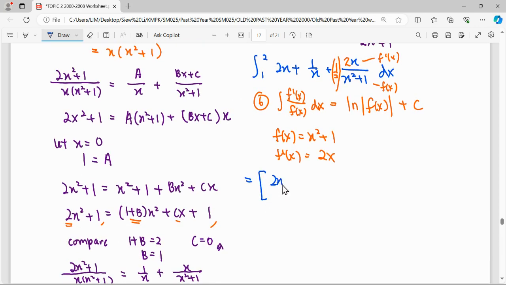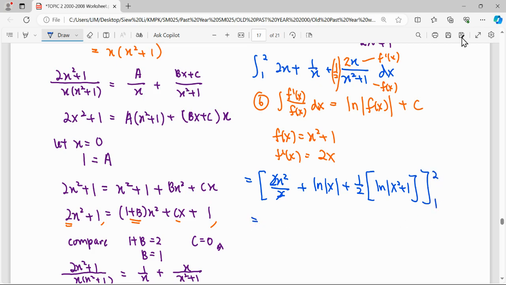So integrate 2x: power plus 1 over the new power. Integrate 1 over x, which is ln. Then this is the 1 over 2 coefficient. So f prime x over f(x) gives us ln f(x). Then lastly, upper limit is 2, lower limit is 1.